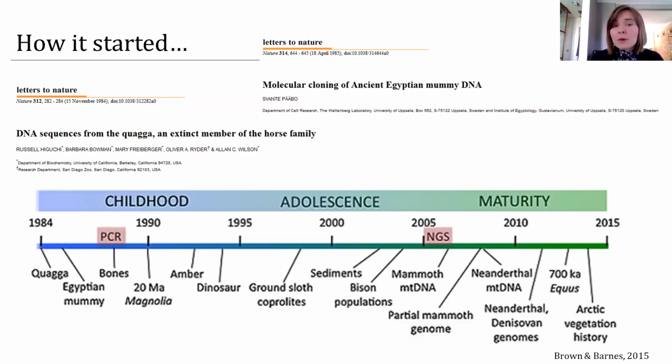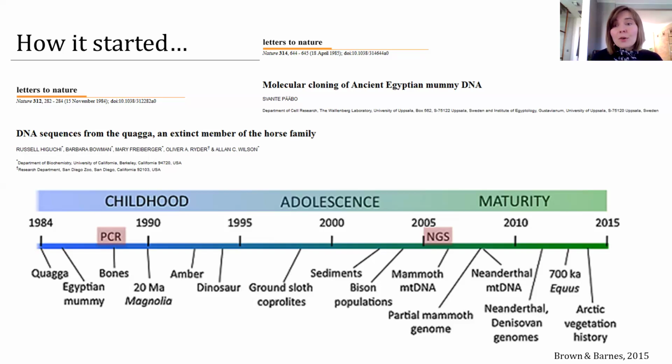As far as I remember, this sequence was obtained from a piece of skin tissue from a specimen that was collected in one of the natural history museums. Very soon after, we got the first sequence obtained from an Egyptian mummy. And then ancient DNA research started to develop very quickly.